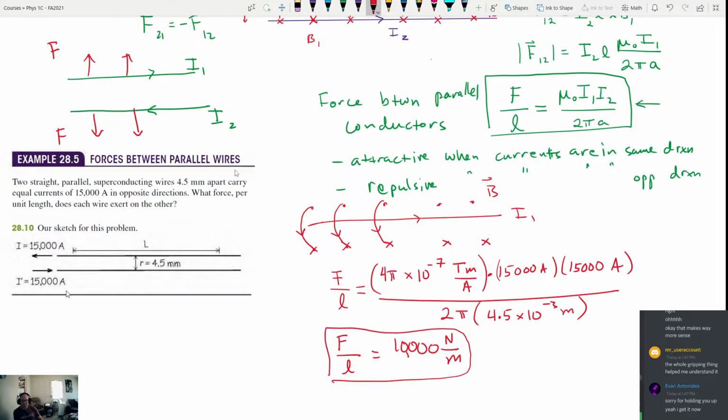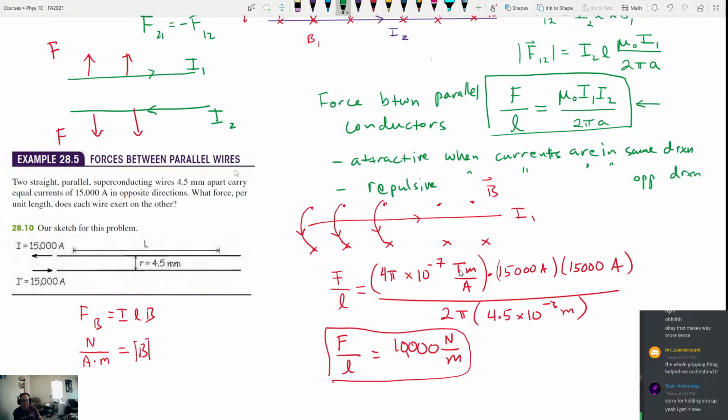What are the units of Tesla? Well, we have this equation, F_B equals I L B, the Lorentz force law. B then should have units of newtons divided by amps times meters. So that's what the units of the magnetic field are. So what do we have here?